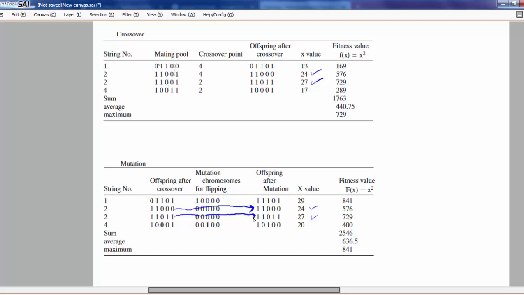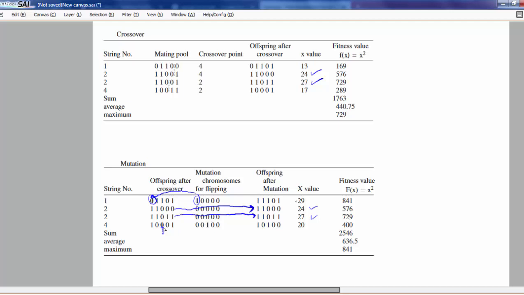So this one is the same, and this one should be flipped to 1, because the first bit here tells me it should be changed to 1. In the same way, this bit should be flipped: if it is 0, it goes to 1; if it is 1, it goes to 0, because the position for this manipulation process tells me this should be flipped, or complemented.